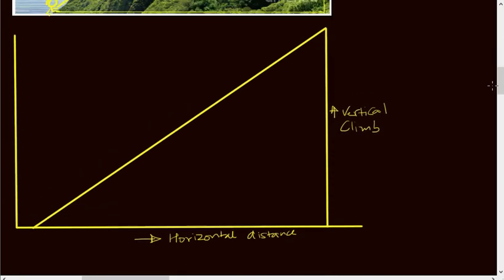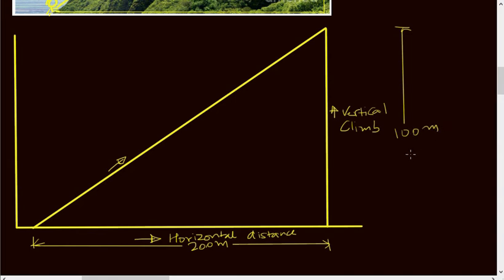So this person had the option of walking along this slope, or the person could have first gone this distance, and say this is 200 meters, and let me draw this, suppose this is 100 meters.